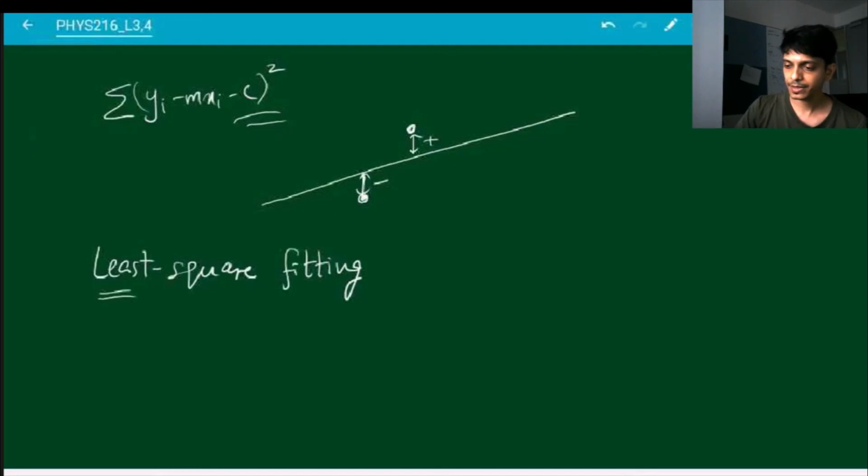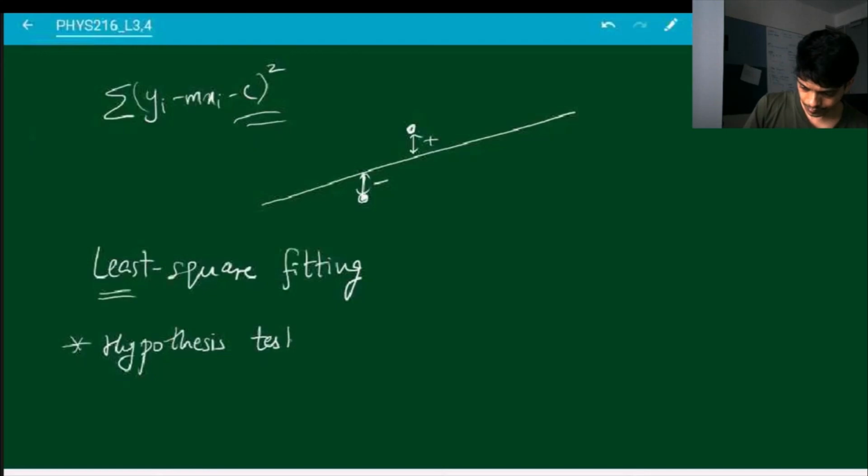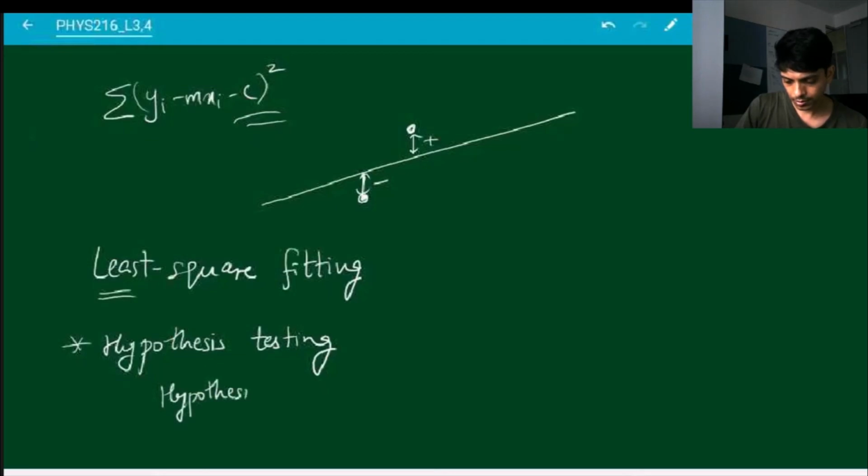This is also tied up in some sense to what we call hypothesis testing. Probably in your scientific reasoning course you have discussed that you have some kind of hypothesis, which is what we might call a theory, and then you have data which comes from experiment, and you want to compare these two.